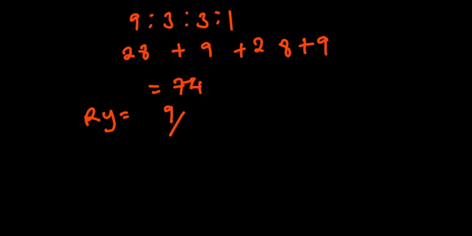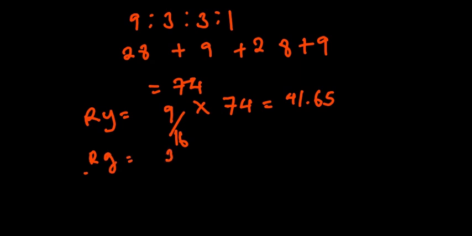Okay, out of these 74, how many are going to be round yellow? So this is what we're talking about. So it's going to give us 41.625. Then we have round green, which is 3 of 16 times 74, which is going to give us 13.875.